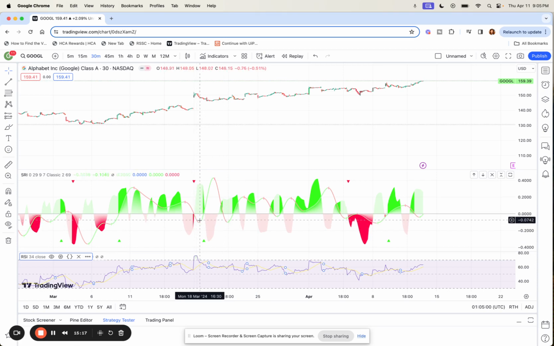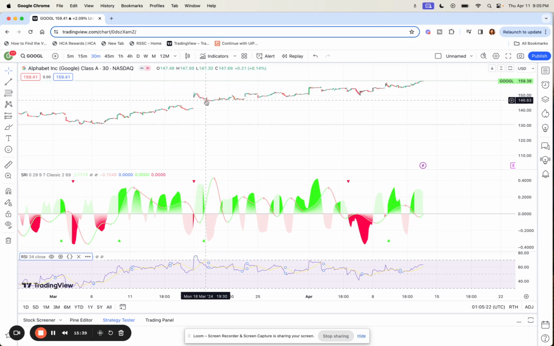So let's look again at this here. Let's look at another way, when it came down. So when it started coming down, when it started turning red, let's say you could have been in a put. You could buy your put from here all the way down on the bottom.